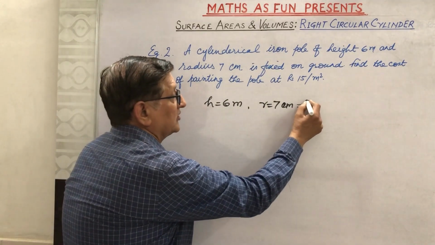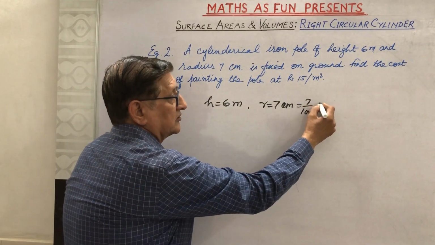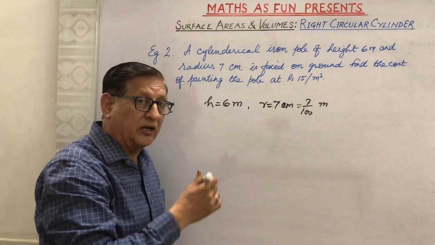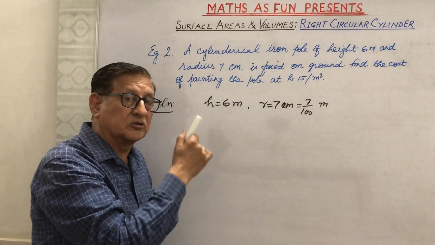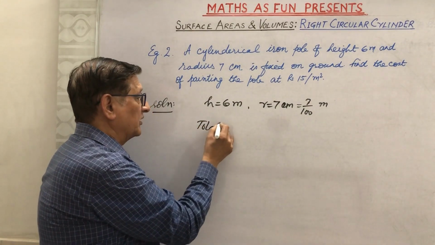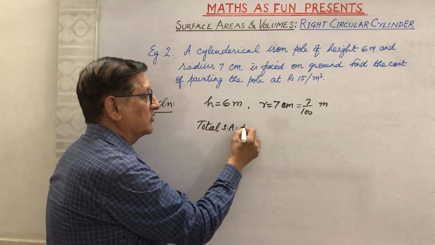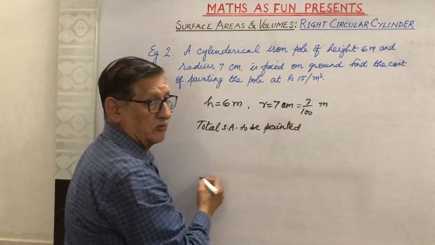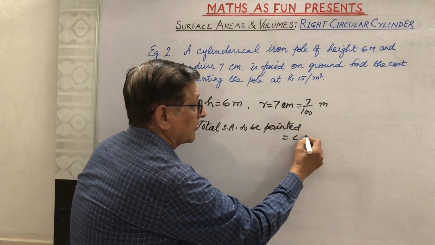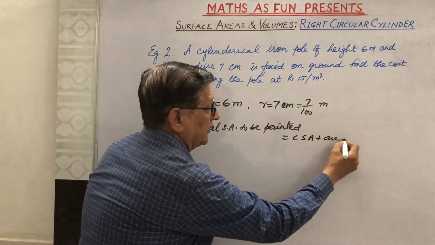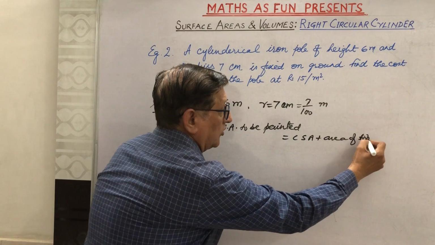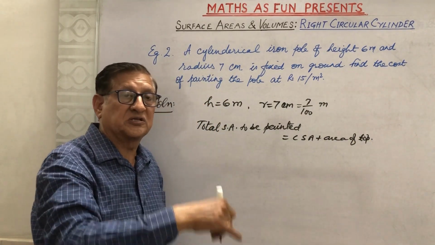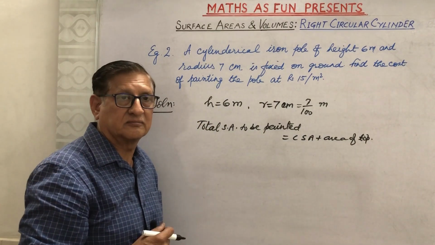So this will be 7 upon 100 meters. Now, as I told you that we have to find out the total surface area to be painted is equal to curved surface area plus area of top only, because the lower end, the base is fixed inside the ground.